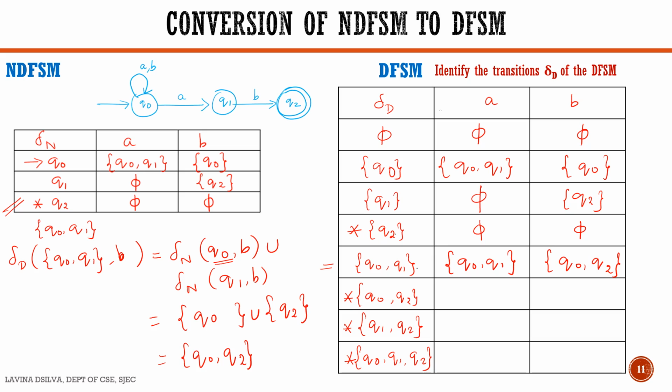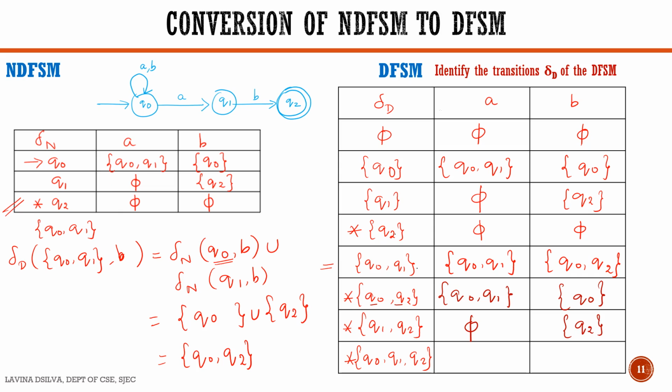So when we are considering the next set, that is the Q0 and Q2 state, the union of this on A will be Q0, Q1 union empty set, so Q0, Q1. Next we have Q0, Q2 on B. So that will be only Q0. Then it is Q1 and Q2, on A no transition defined, and Q1 and Q2 on B, a single transition, that is Q2.